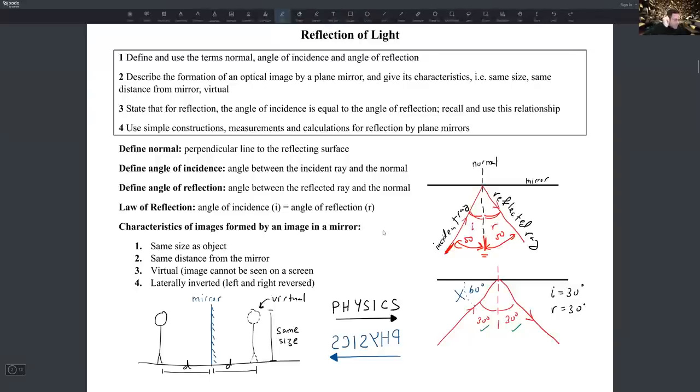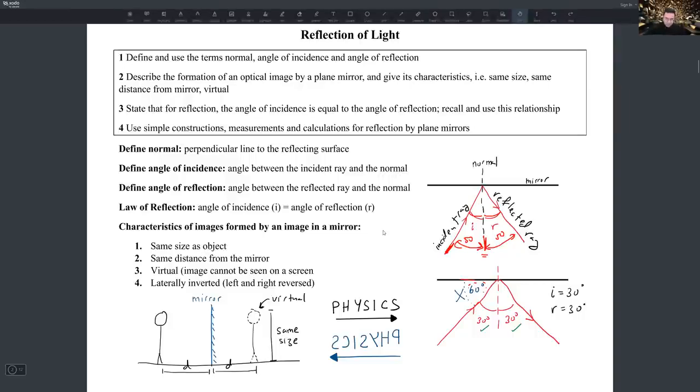I'm just pointing out again that the angles have to be measured from the ray to the normal. Why do I say this so many times? Because sometimes a question might say this angle is 60, the angle between the mirror and the ray. I don't use this, I have nothing to do with it. Actually, I do use it for one thing.